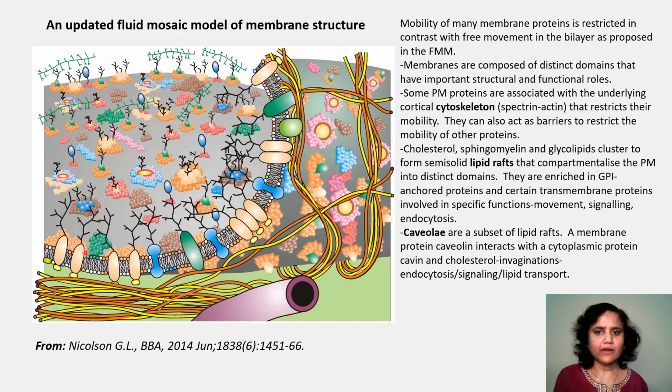In addition, some of the membrane lipids such as cholesterol, sphingomyelin and glycolipids tend to cluster, and they form semi-solid lipid rafts that compartmentalize the plasma membrane into distinct domains. These are enriched in GPI anchored proteins and also certain transmembrane proteins, and they are involved in specific functions.